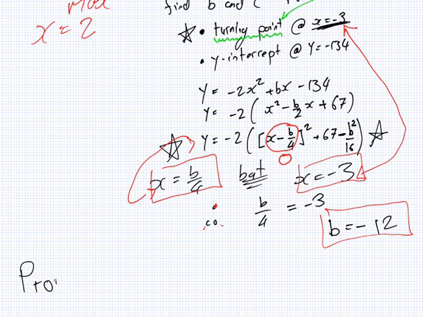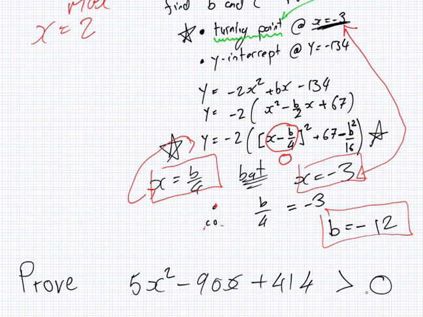Prove 5x squared minus 90x plus 414 is always positive. It doesn't matter what number you pick.